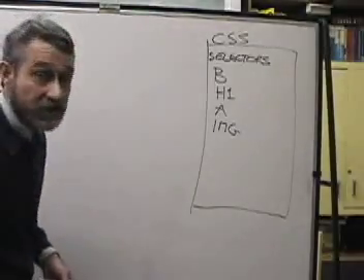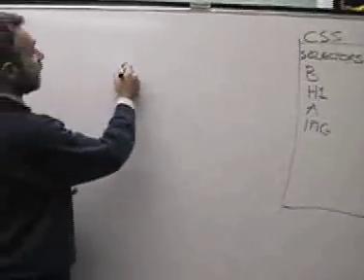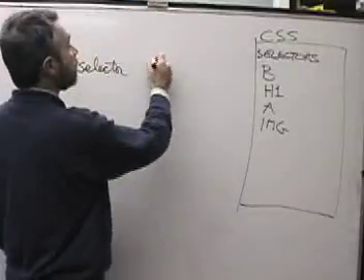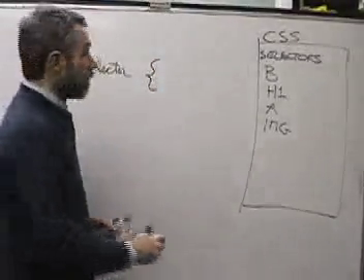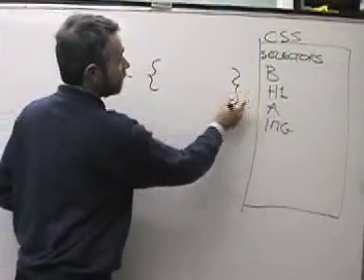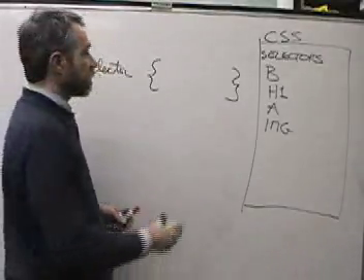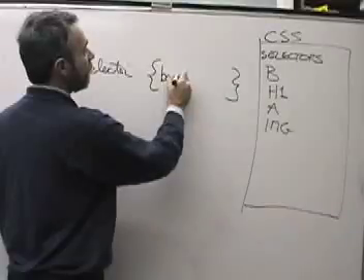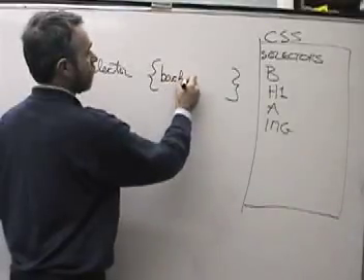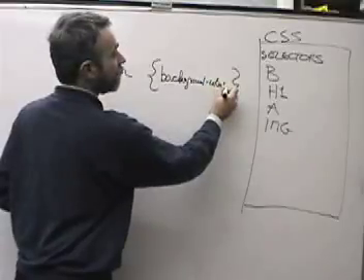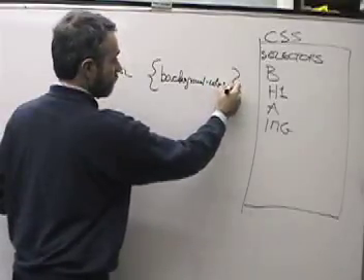So a typical CSS instruction starts with a selector, which is just a tag, then a curly bracket, and inside the curly bracket you put in instructions, CSS instructions, such as background color, colon, and then the color, red.